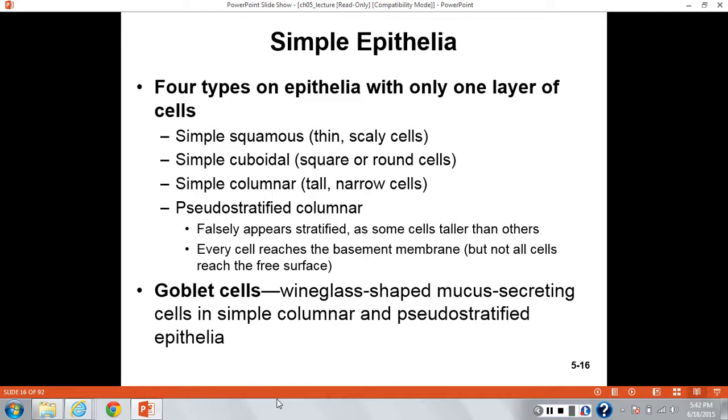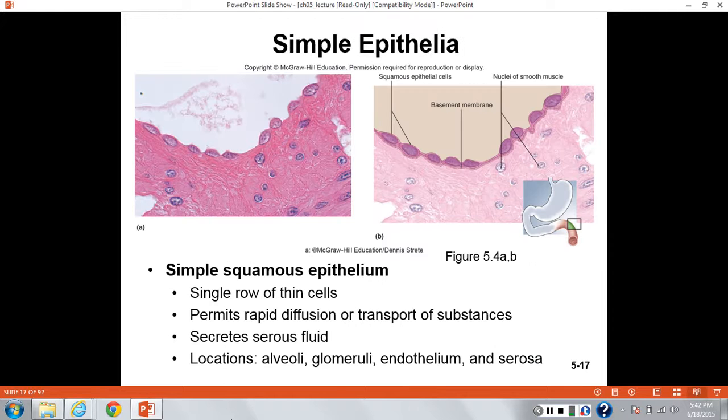Why? They act as a what? Protector. The mucus wants to trap things to help prevent them from getting where? Internal or deep into the body. Because once they get there, then they can create an infectious type of situation.